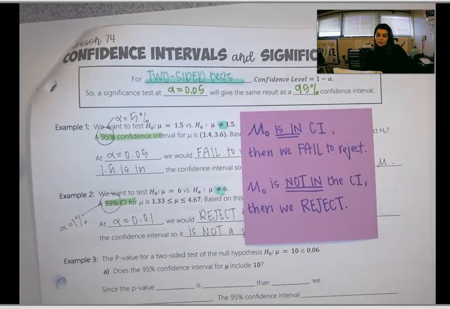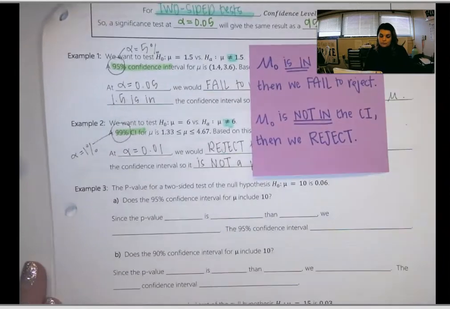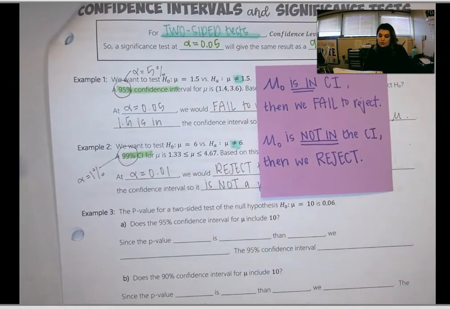Okay, the other part of this is slightly more involved. For determining whether or not a value will be in a confidence interval, we look at our p-value. So for example 3, they tell us that the p-value for a two-sided test of the null hypotheses that mu is 10 is 6%.